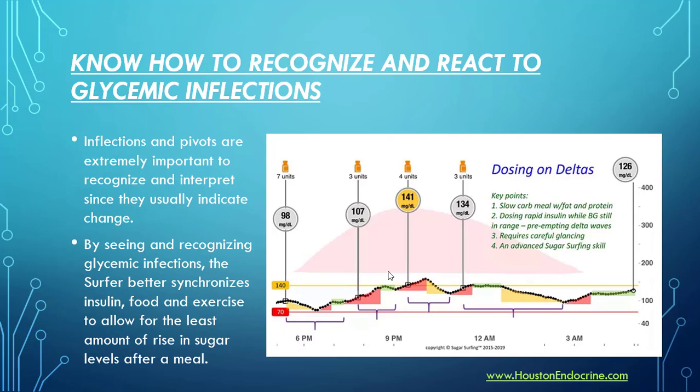In this example, they've given themselves 7 units of insulin at the beginning, even when their blood sugars are normal, so that they can counteract the effect, because they know this fatty meal will have an effect later, and you don't want to let the sugars rise too quickly ahead of time. So you'll dose rapid-acting insulin while the blood sugar is still in range.